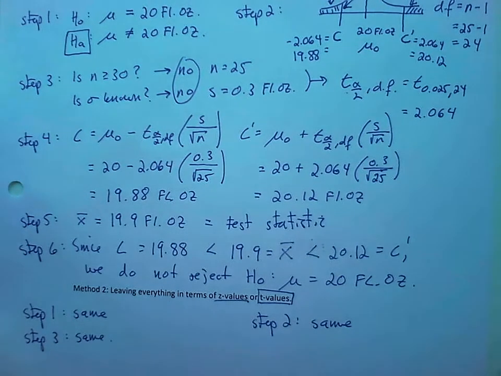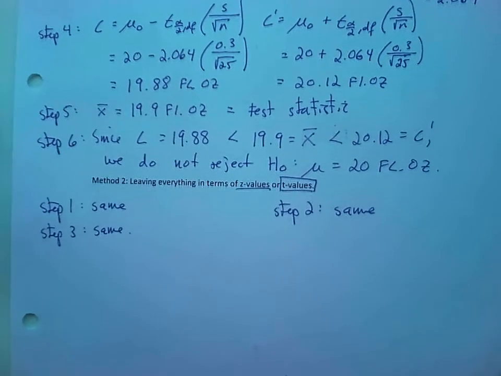If your answer choices are in terms of the units of the problem, you should be using method number 1. If your answer choices are in terms of z values, you should be using method number 2. If it's some free response question like you might see on the final exam, then they'll be explicit about which method they want you to use. And if they're not telling you which method you should use, you can use any method that you want.